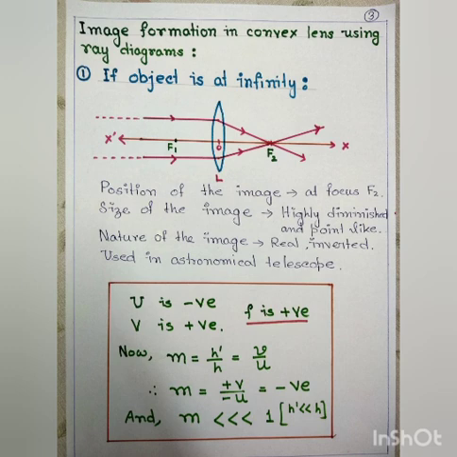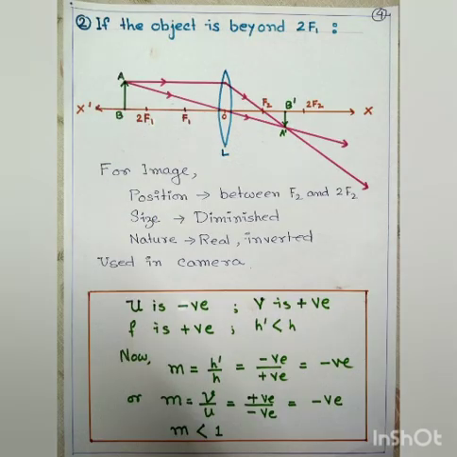Next we will consider the second situation, if the object is beyond 2F1, between 2F1 and infinity, but we will consider just beyond 2F1 the object AB. Now to draw the ray diagram, first you choose a particular distance.